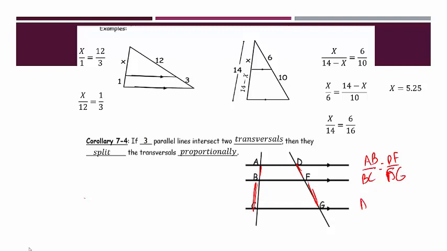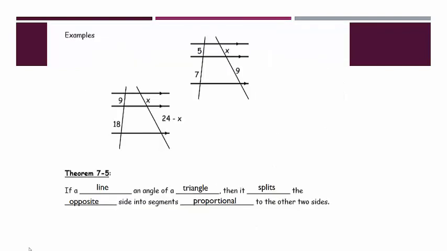You could do short over short equals long over long. You could do short over the whole thing: AB over AC equals DF over DG. There are lots of different options you could use to set these up. Again, just make sure that you stay consistent. What you do to one ratio, you set up the same way for the other one.